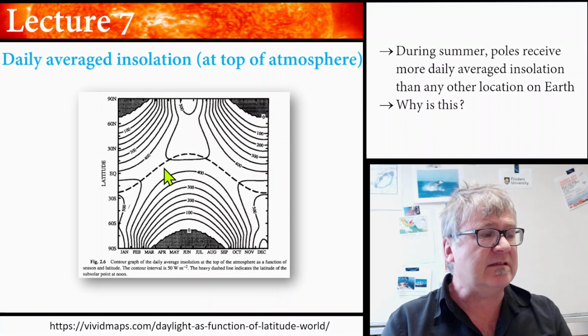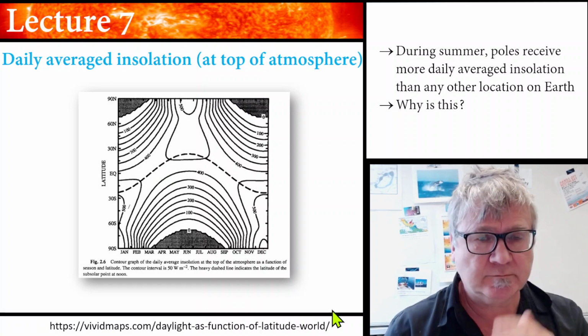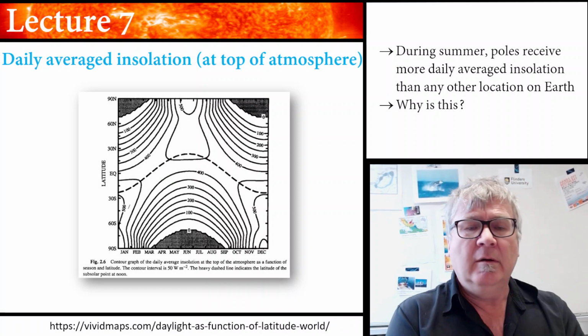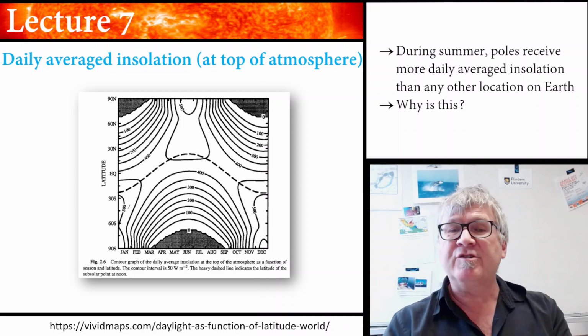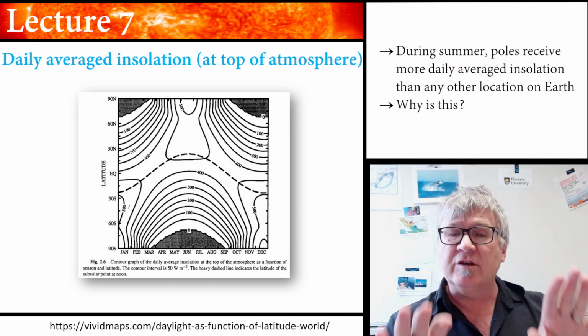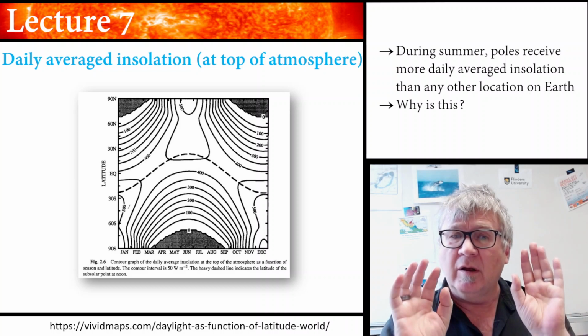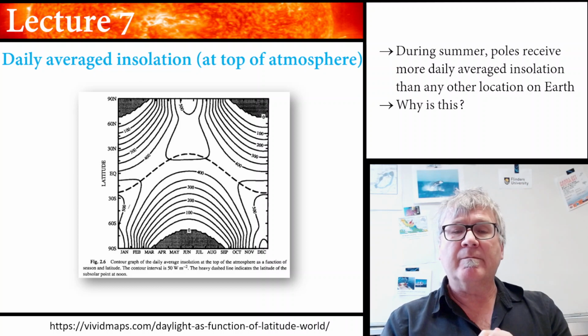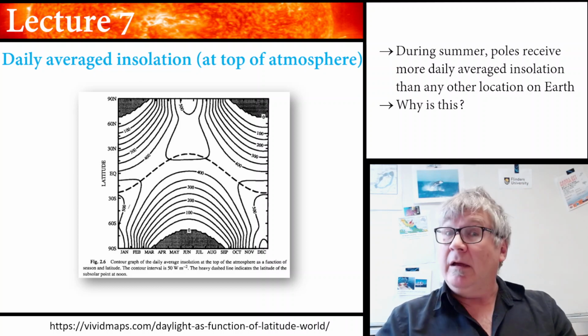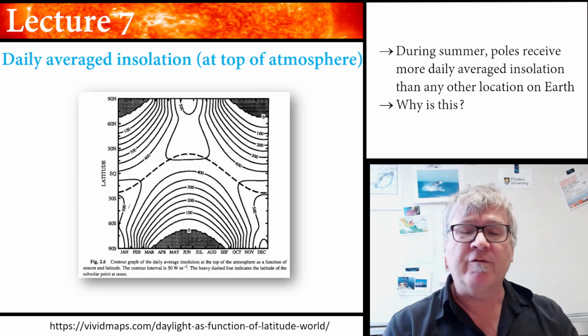It's shown here. So this is the summary of how much insolation the Earth receives at the top of the atmosphere, averaged over a day.